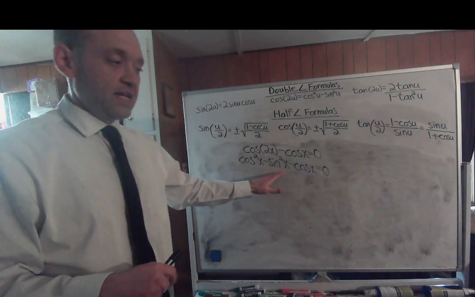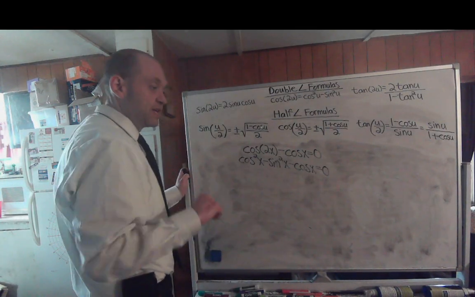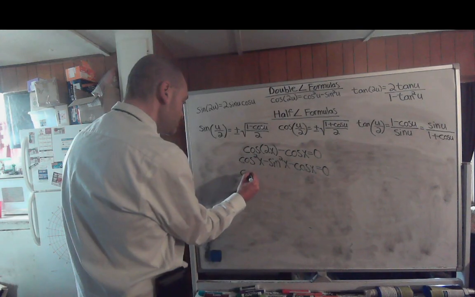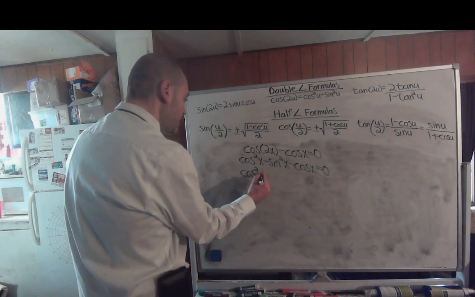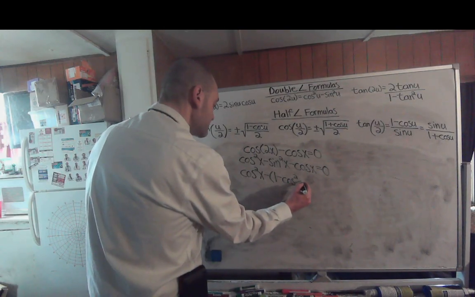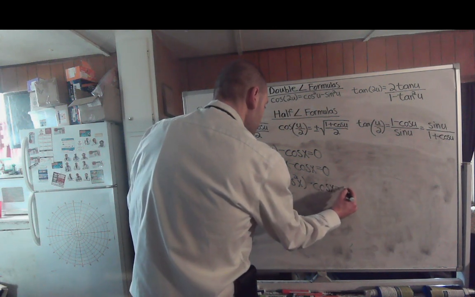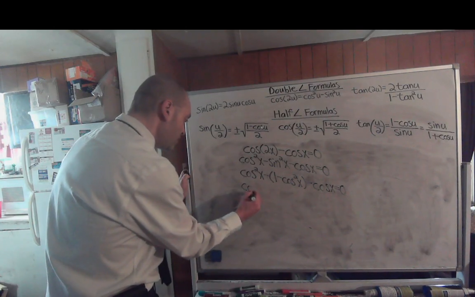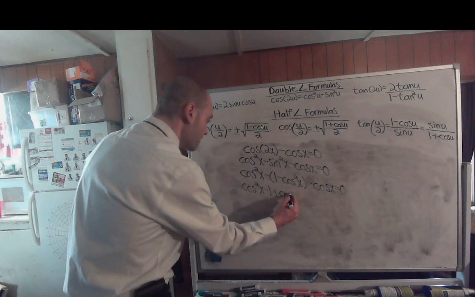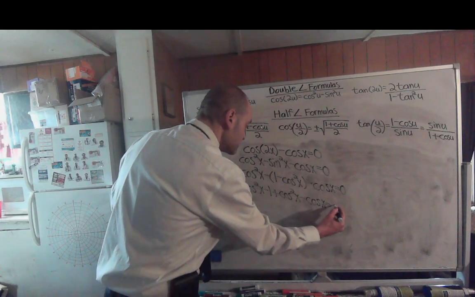Well, it would be nice if we could get rid of that sine squared and turn it into cosine squared, right? In fact, we can, because 1 minus cosine squared is sine squared. So this would turn into cosine squared of x minus the quantity of 1 minus cosine squared of x minus cosine of x is equal to 0. So this would be cosine squared of x minus 1 plus cosine squared of x minus the cosine of x equals 0.